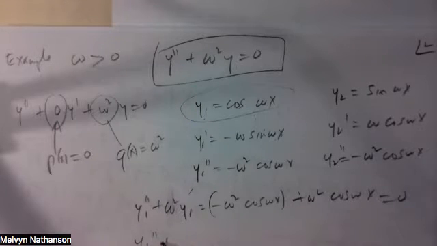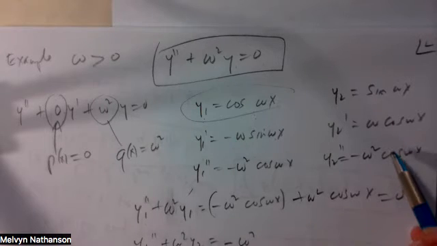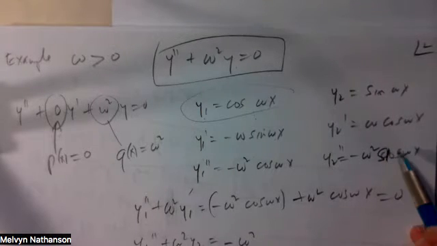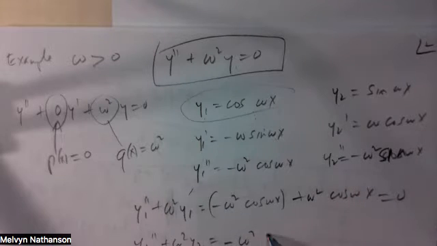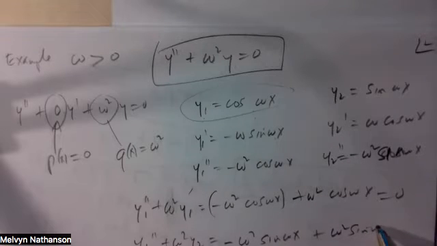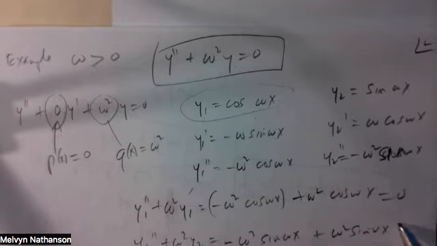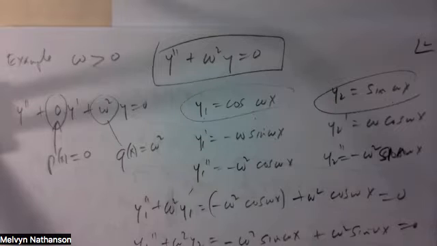So y2 double prime plus omega squared y2, that's minus omega squared sine omega x plus omega squared sine omega x. Again, minus plus, we get 0. So these are two solutions of this differential equation. Right?